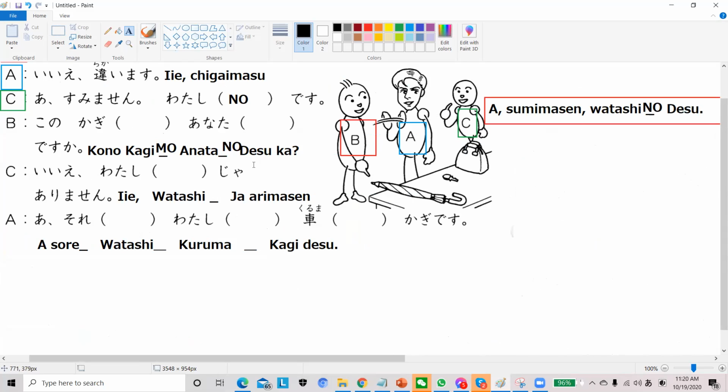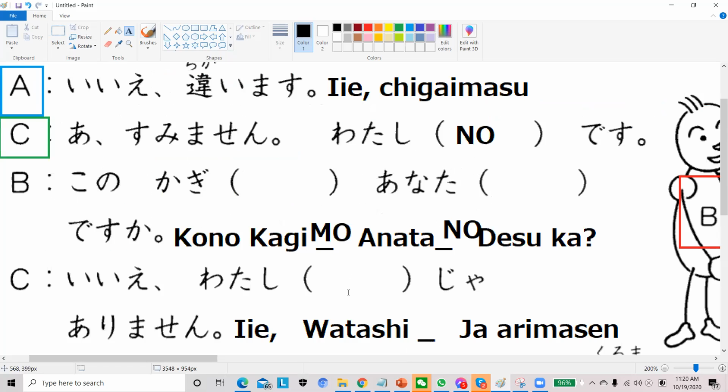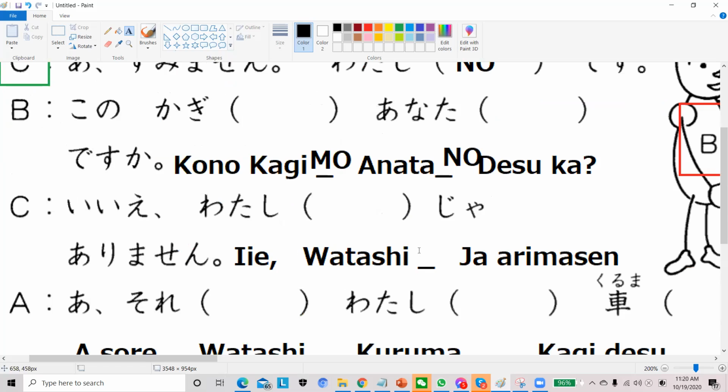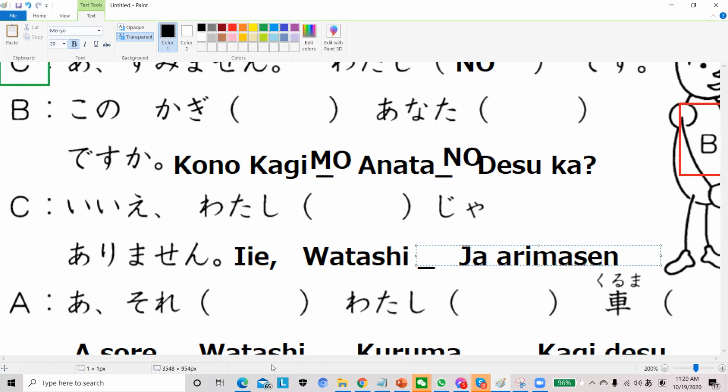Wakarimasu ka, Catherine? はい、先生、わかります。 Jackie-san wa wakarimasu ka? はい、先生、わかります。 Okay, good. So now let's answer with letter C. Iie, watashi. We're connecting two nouns again.